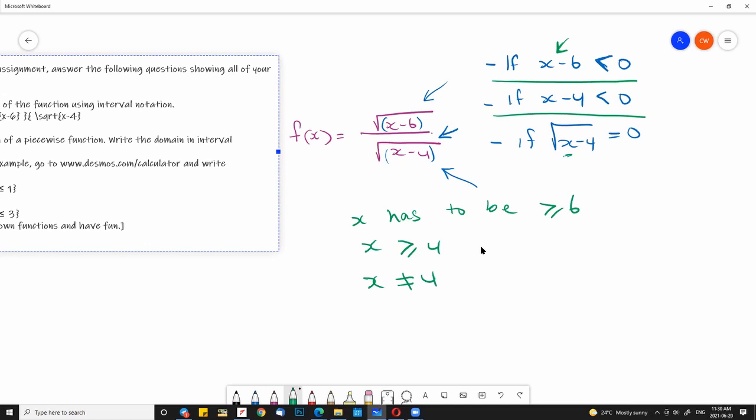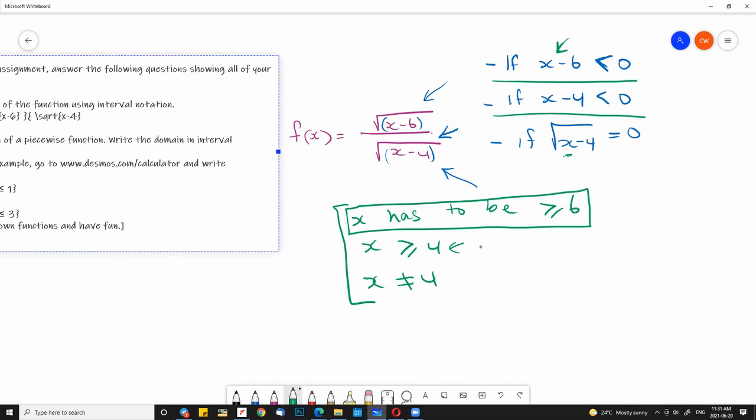Now, if we look at these three together, if x is 6 or more, it's already greater than 4, right? If x is 6 or more, then it's already not equal to 4. This is the only one we need to consider. X has to be greater than or equal to 6.